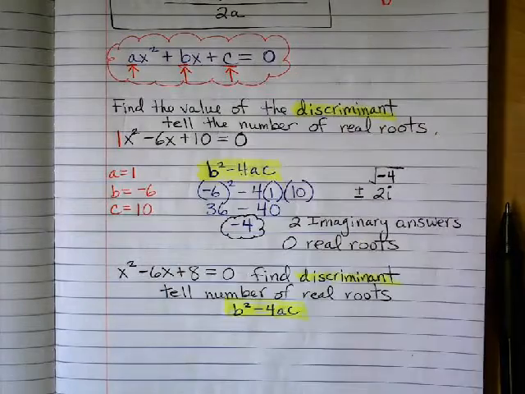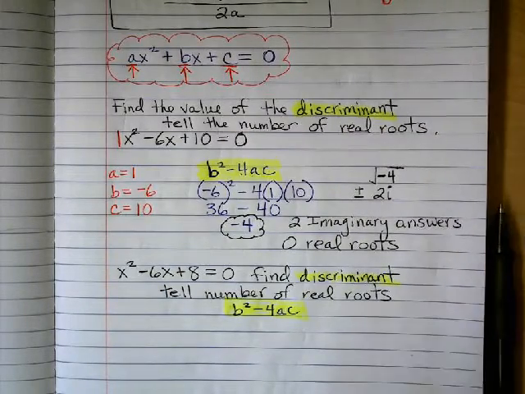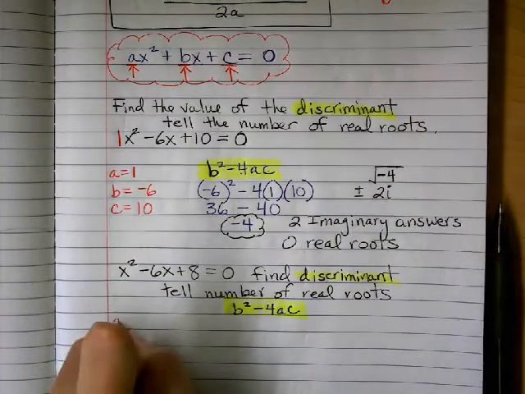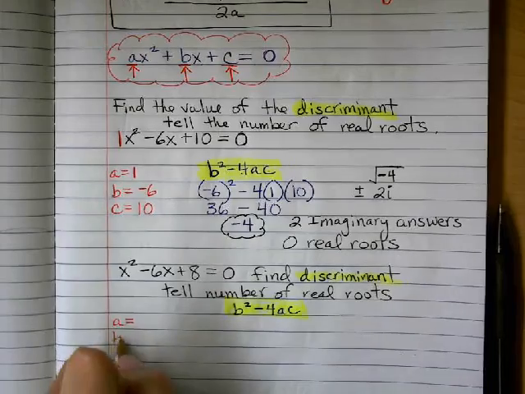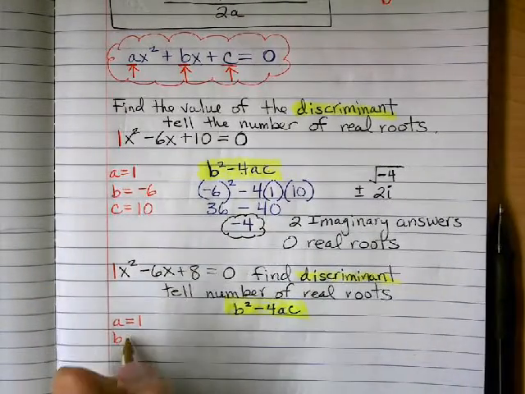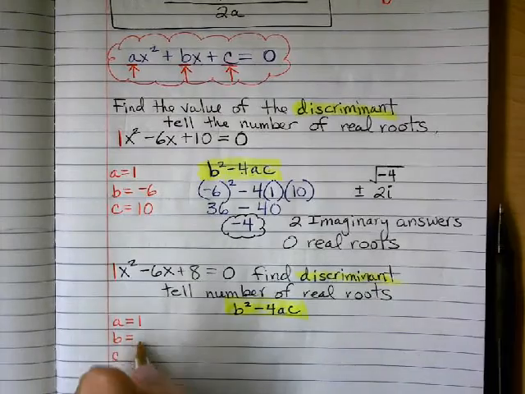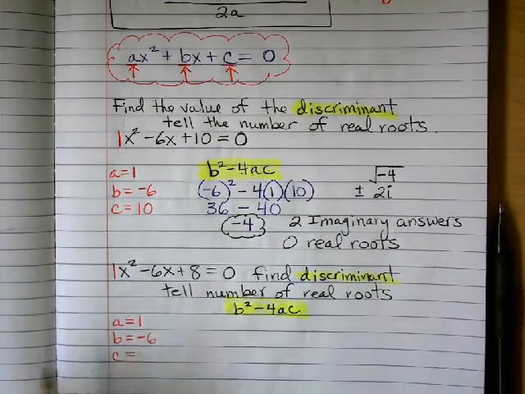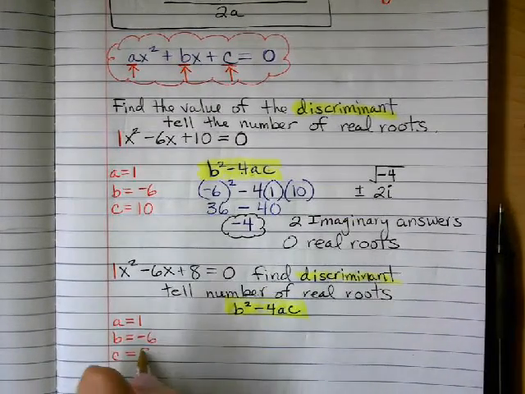Okay, so in this problem, we need to know what's a. 1, good job, it's 1x squared. What's b? -6. And what's c? 8. So it's just different numbers this time.